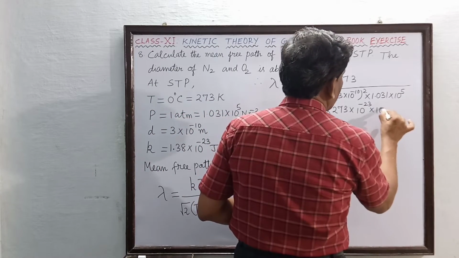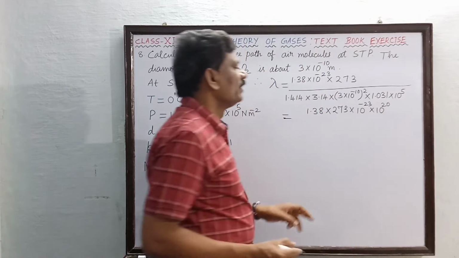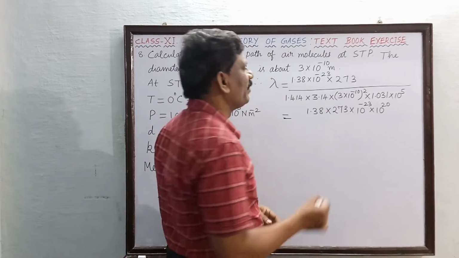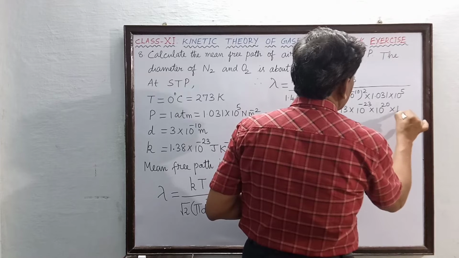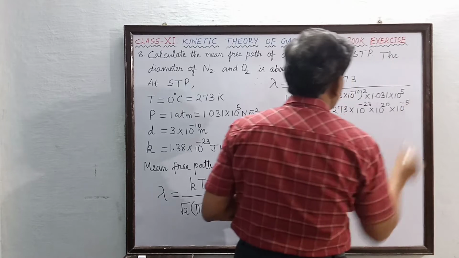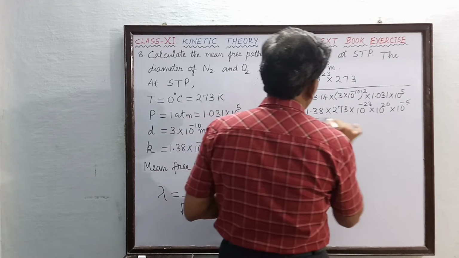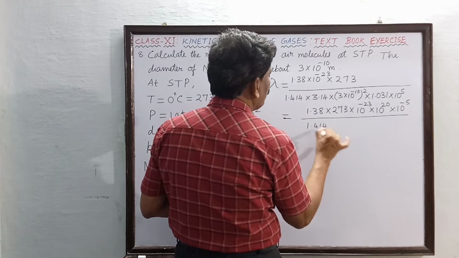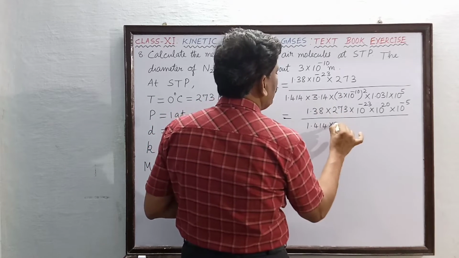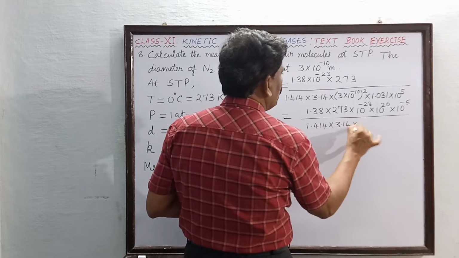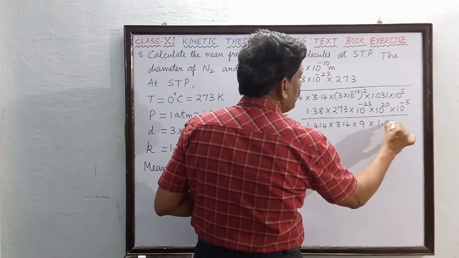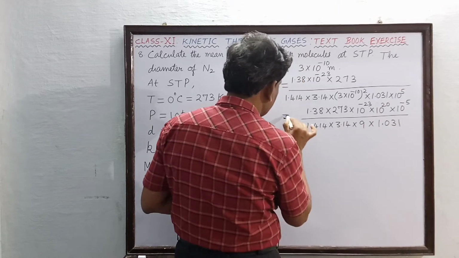So into 10^20. Then there is 10^5 in the denominator, which appears as 10^-5 in the numerator. So into 10^-5. Whole divided by the product of the numbers: 1.414 into 3.14 into 3 square, which is 9, into 1.031.